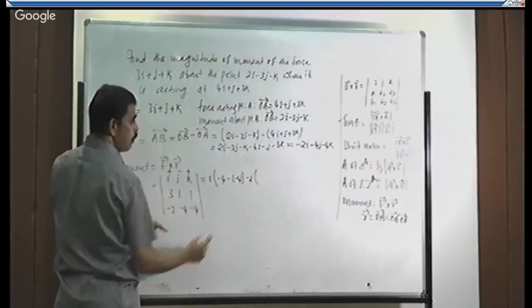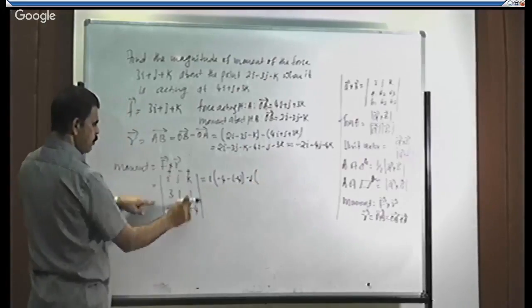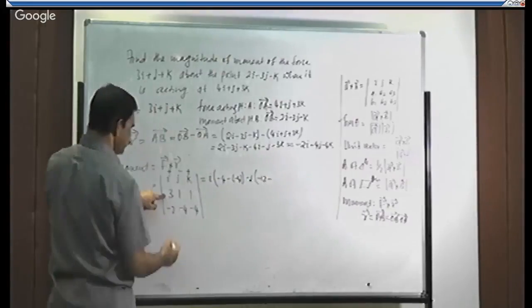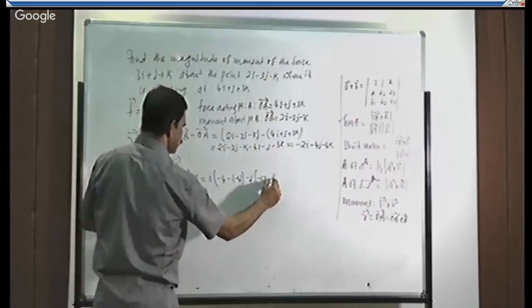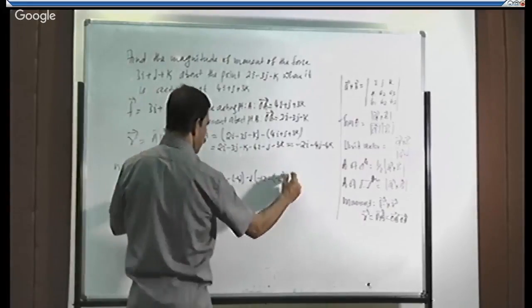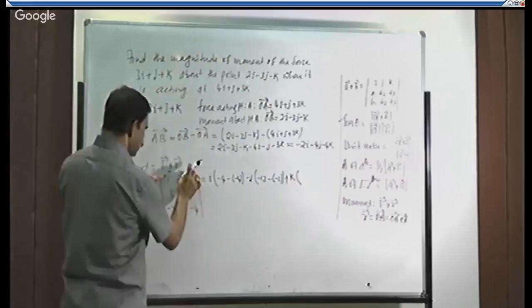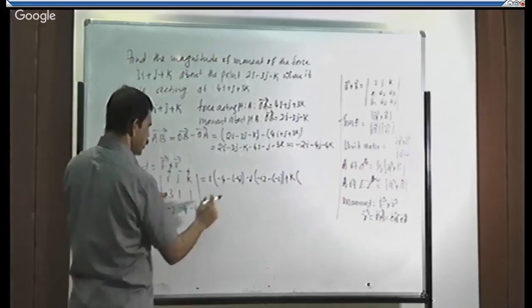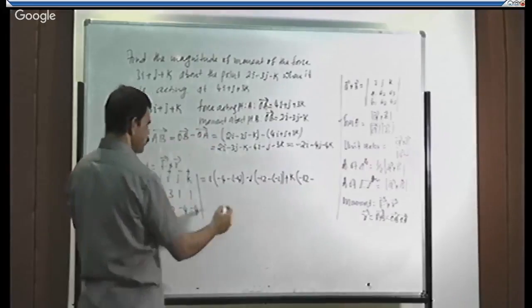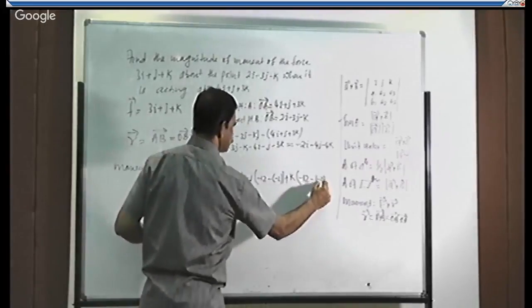Minus j into: leave the corresponding column and row. 3 into minus 4 is minus 12, minus of minus 2 into 1 is minus 2. Plus k into: leave the column and row. 3 into minus 4 is minus 12, minus of 1 into minus 2 is minus 2.